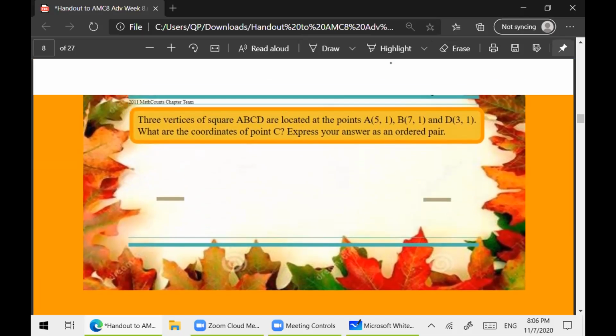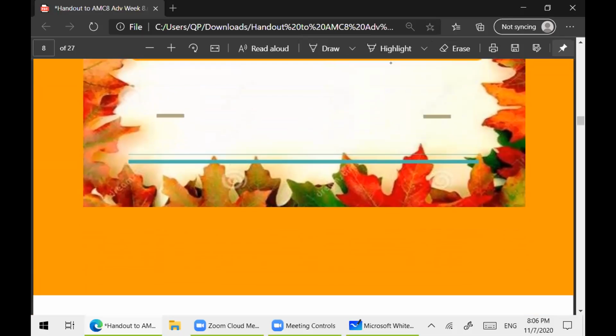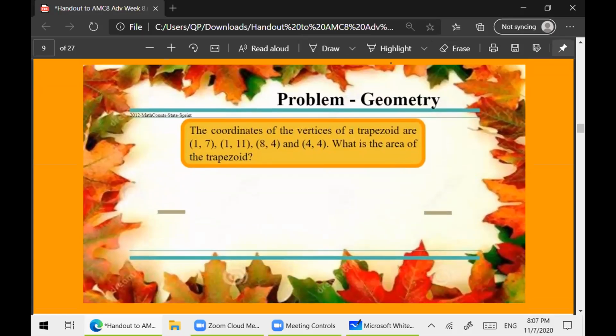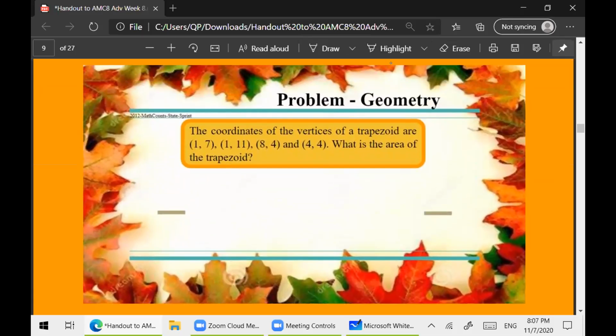So we'll just move on. And if we ever post the handout, you can just ignore this. Okay, we can go to this problem instead.